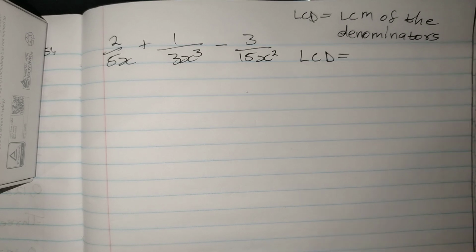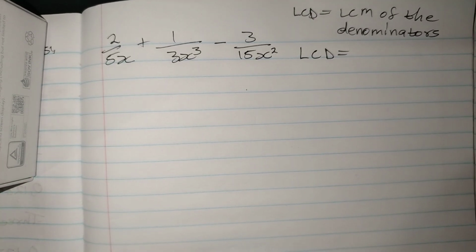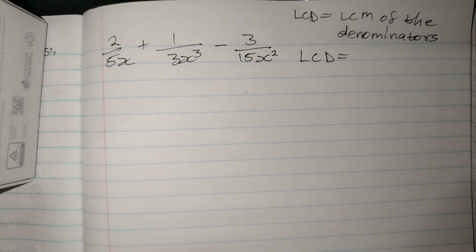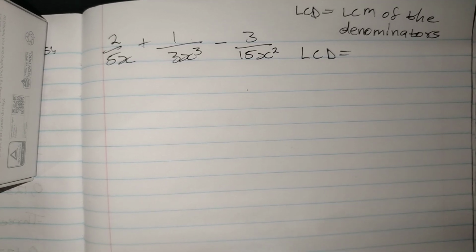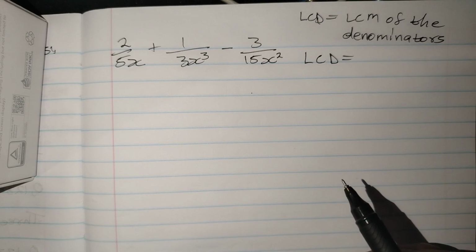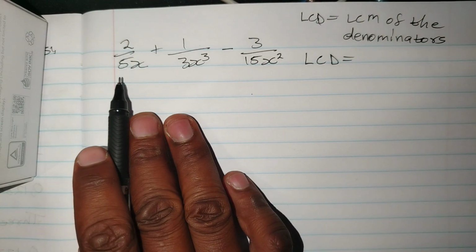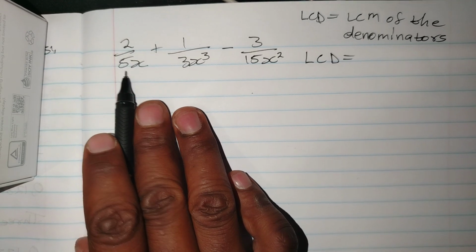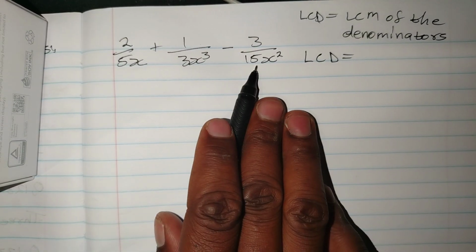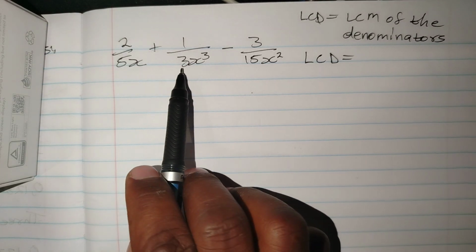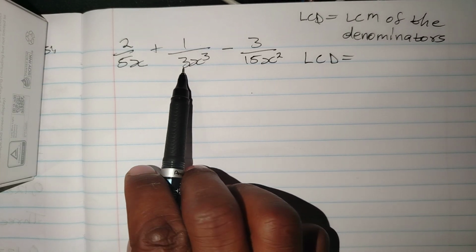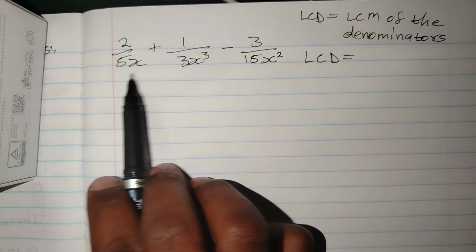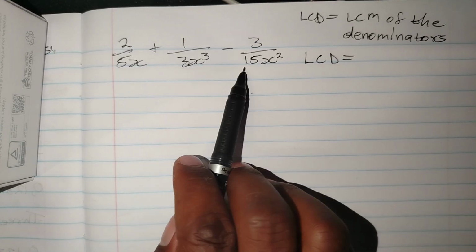Whenever you are faced with this kind of expression, which is a mixture of numbers and variables, coefficients and variables, you must first check what we have here. We have 5, 3, 15. 3 can go into 15 5 times, and 5 can go into 15 3 times.